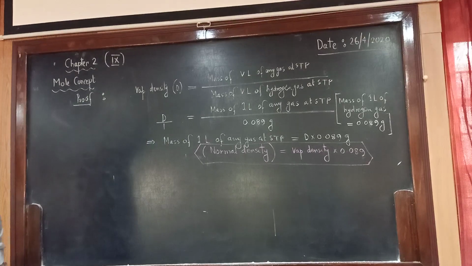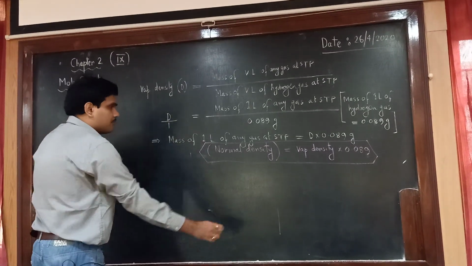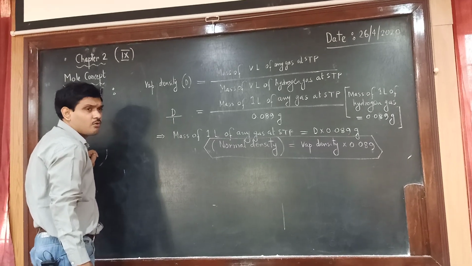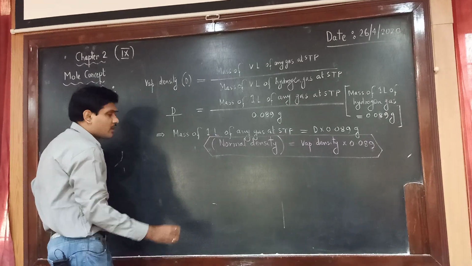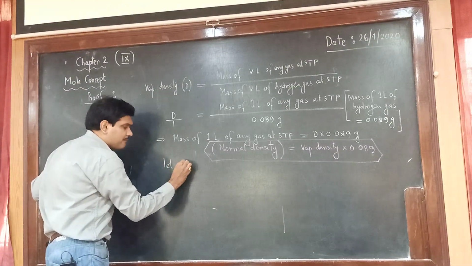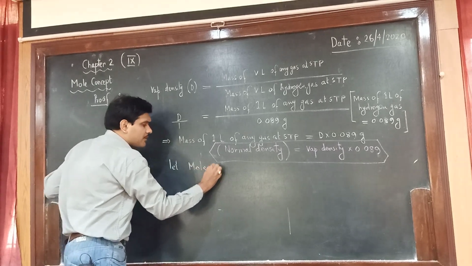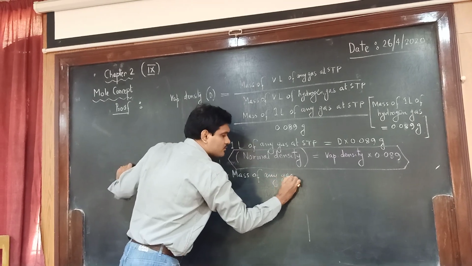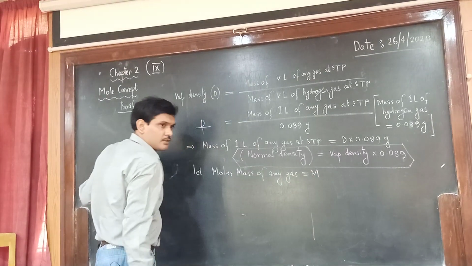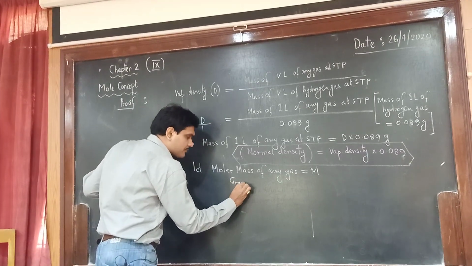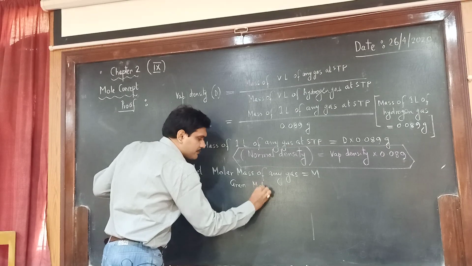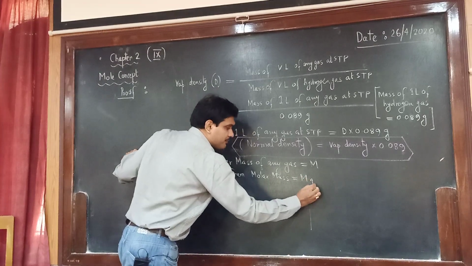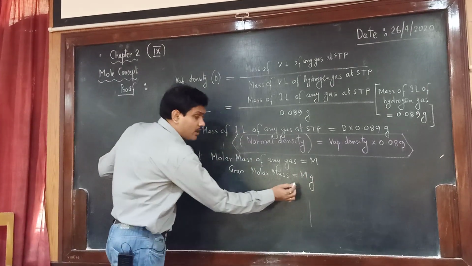Now again I am moving on. Our target is the volume of 1 gram mole of any gas. Let the molar mass of any gas be M, that is, molecular weight expressed in gram, M gram.